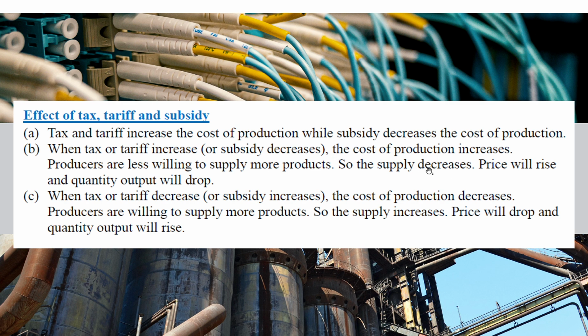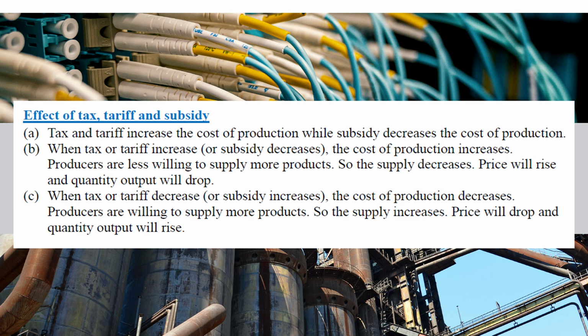So the supply decreases. Price will rise and the quantity will drop. The opposite is the reverse. So try to look at it again and think about the reverse one, the opposite one. You can do it. Okay?